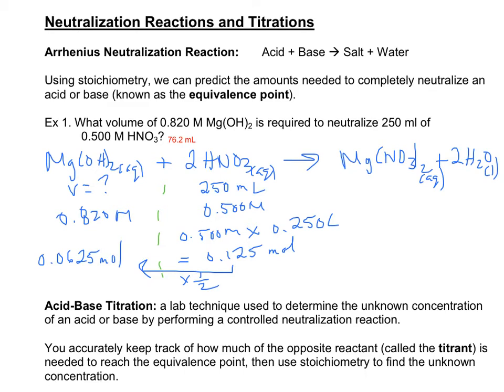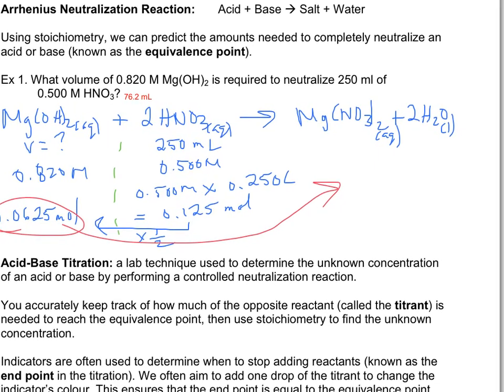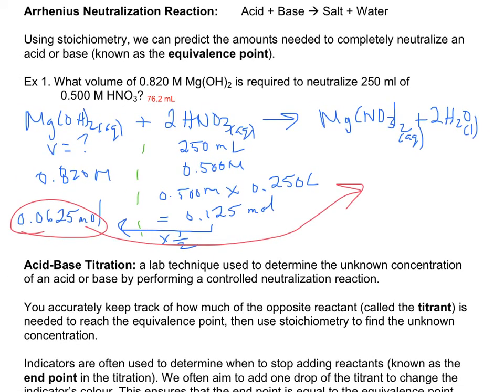Now the question wants me to change this amount into a volume of 0.820 mole per liter of magnesium hydroxide. I'm going to take my moles and do some more math work over here. Because this is a solution, I'm going to use C equals N over V again.